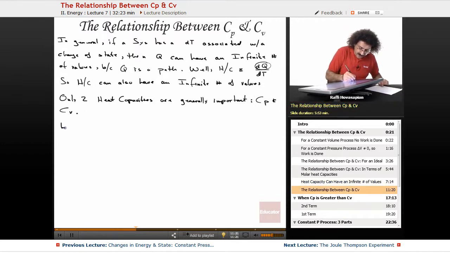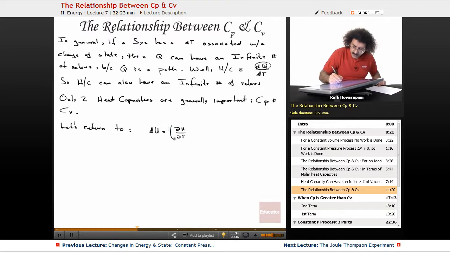Now, let's go back. So let's return to our mathematics. Let's return to dU equals (dU over dT at constant V) dT plus (dU over dV at constant T) dV. Let's see if I can keep all this straight.